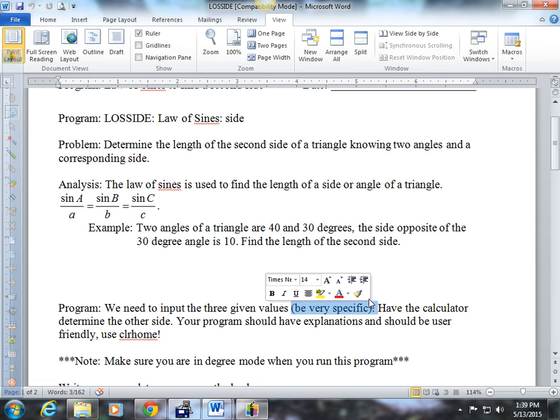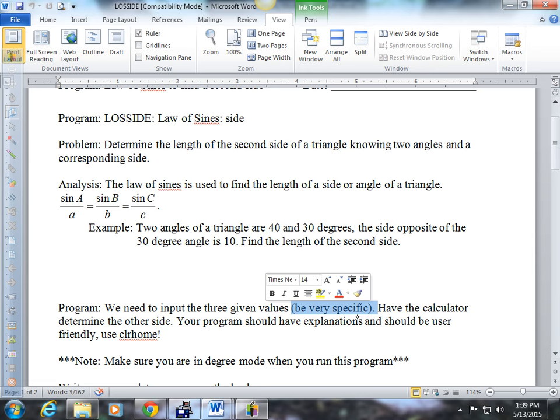And then what should you input second? You should put the corresponding angle. If you just put angle, it's not clear, because I have two angles. Which one should I put? Whereas if you put side, corresponding angle, then I know I need the angle that corresponds to the side that I just inputted. You need to be very specific on your inputs, folks.